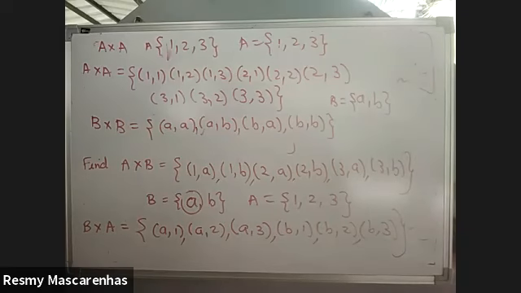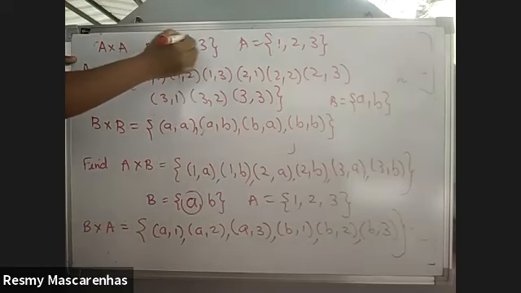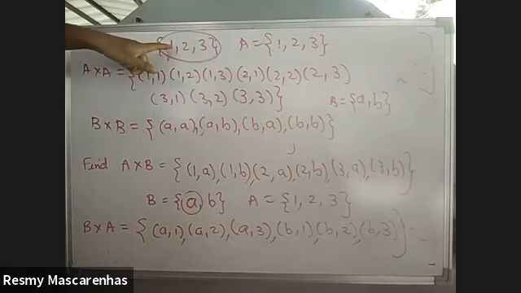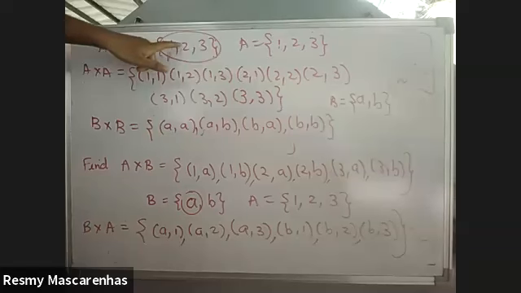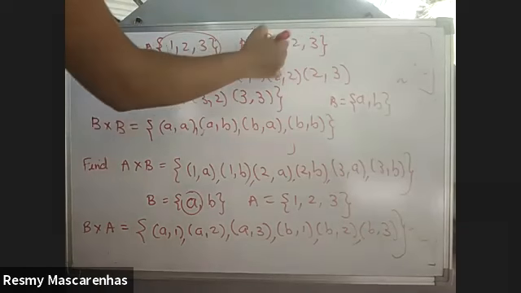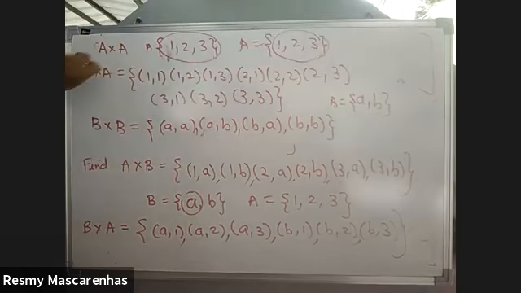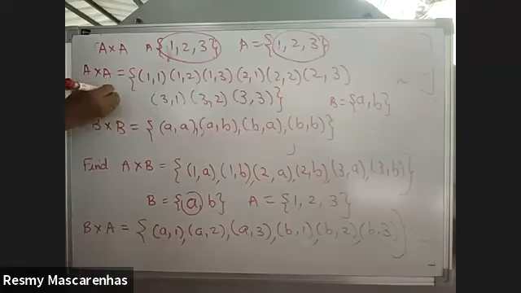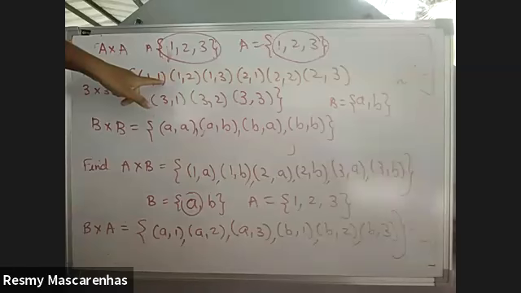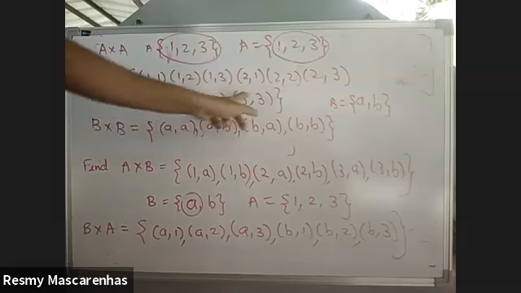What it basically means is, look over here. Suppose A has 3 elements, and this other set also has 3 elements. So 3 into 3 will give me 9. If you actually count, you will get 9 elements.